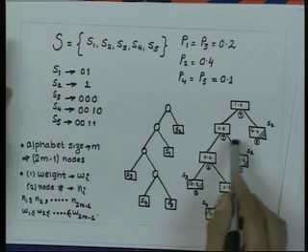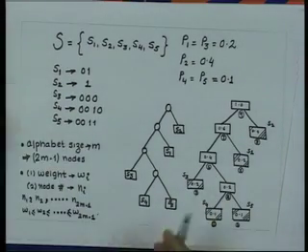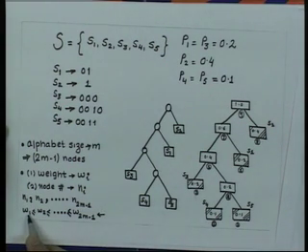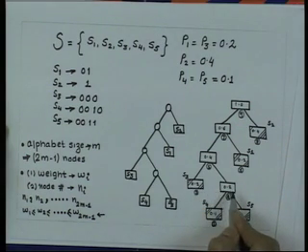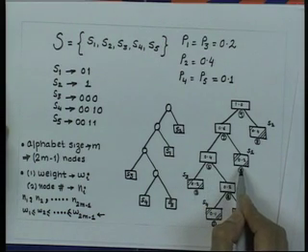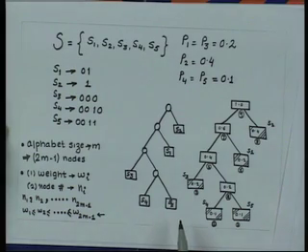If you look at this tree and the numbering which we have done, it is obvious that this numbering does not satisfy the requirement that W1 be less than or equal to W2 and so on up to W2m minus 1, because I find that W5 is not less than W6 and W7 is not less than W8.